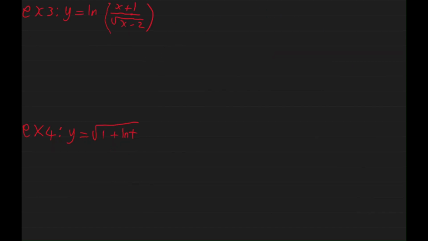Okay, now we have another example here for ln. Ln of x plus 1 over root x minus 2, which is equal to ln x plus 1 minus ln root x minus 2, right?